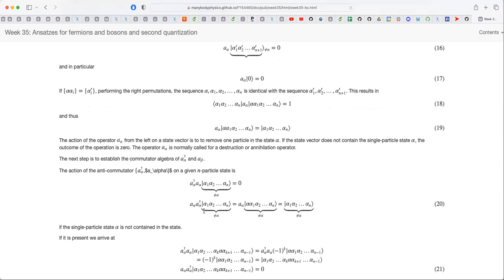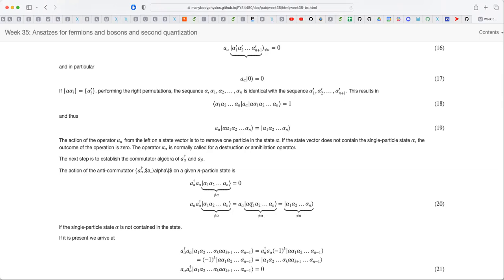Now, if on the other hand, as we saw last time, alpha is not contained here, then this specific state is actually given by this A alpha dagger. So it creates a state alpha here. And then when you take this operator, it destroys it. So first you create a state which has n plus 1 particles, because you add 1.